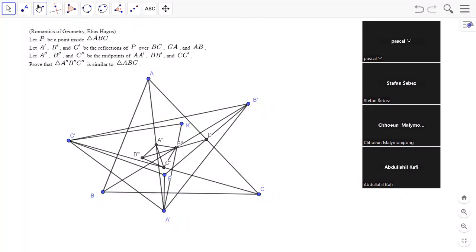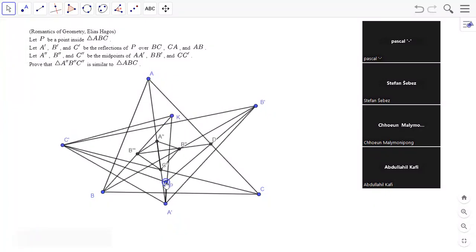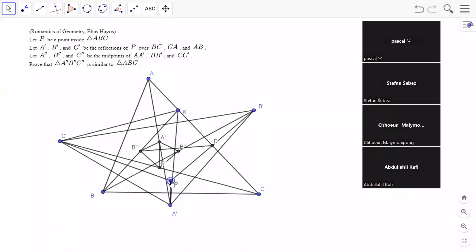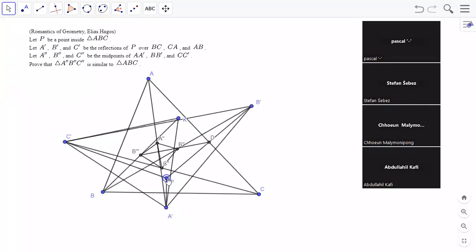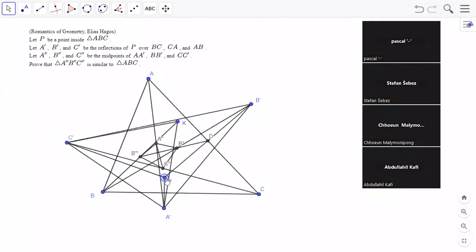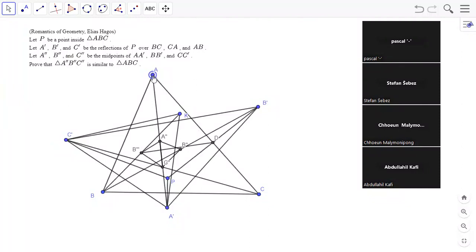Okay, like that. Now K looks like it lies on it. It's not going to be perfect, but there we go.